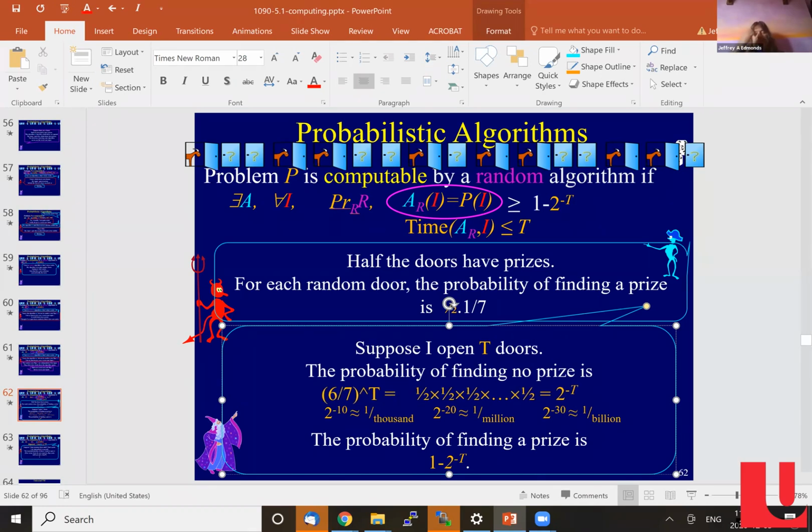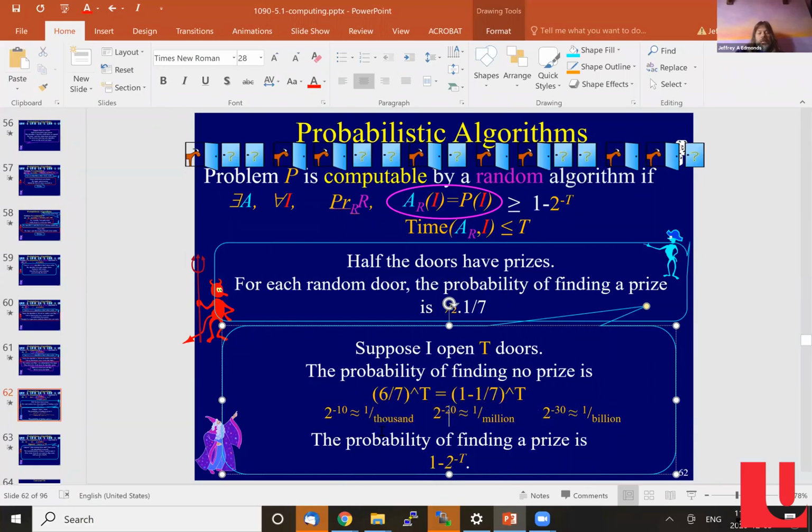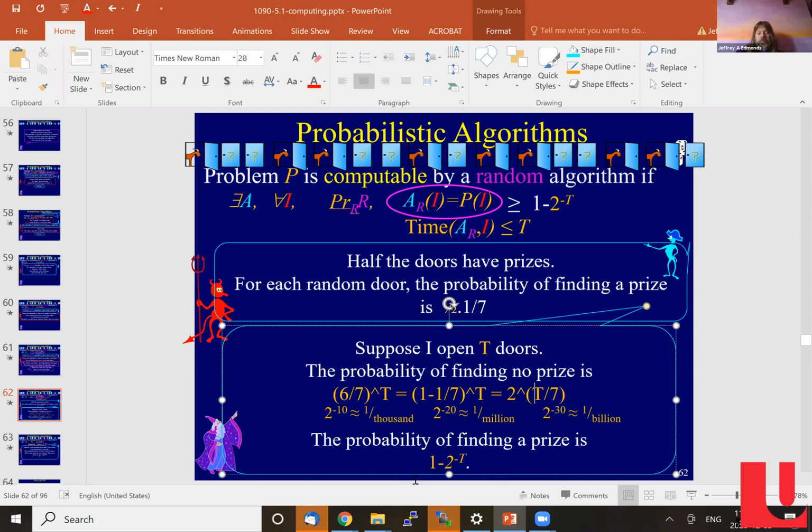This is approximately, well, this is 1 minus a seventh, to the t. And that is approximately 2 to the negative t over 7. The reason it's t over 7 is because I have to look at about 7 doors before I expect to find a prize.